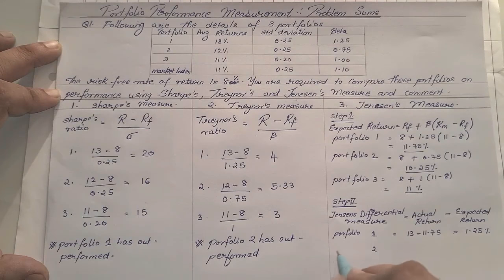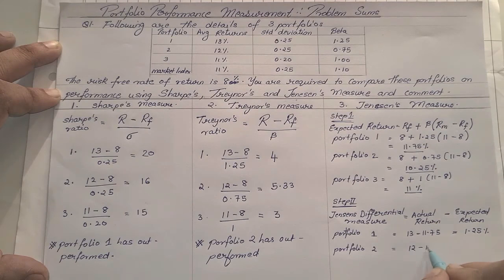Same way for portfolio 2, it would have been 12 minus 10.25, which would give me 1.75%.